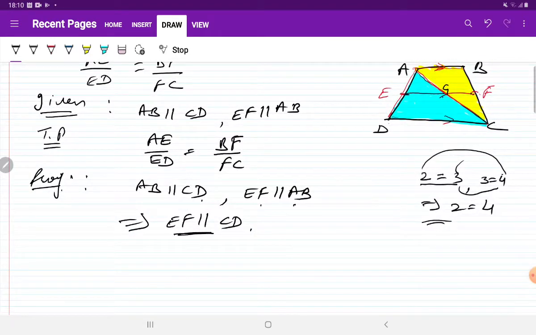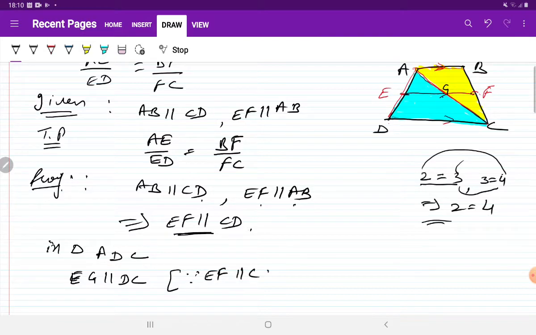Now I am taking triangle ADC. In triangle ADC, EG is parallel to CD or DC. Why is EG parallel? EG is parallel to CD because we just proved EF is parallel to CD.